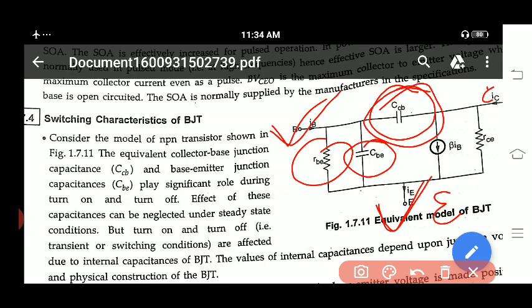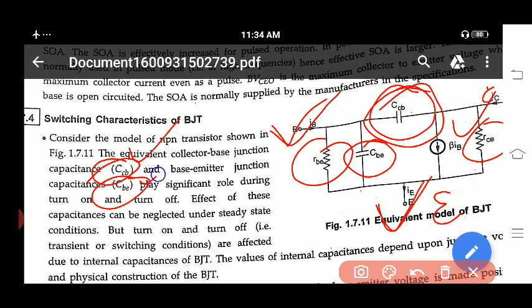Between collector and emitter, there will be an internal resistance RCE. Next, there will be a current source, given by beta times IB. We'll see how the switching characteristic of this BJT works. Here they have written, you can observe the equivalent collector to base junction CCB, and next the base to emitter junction.